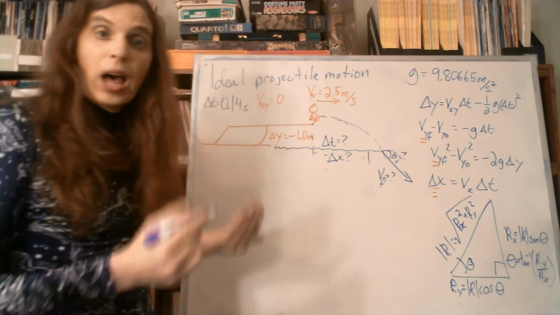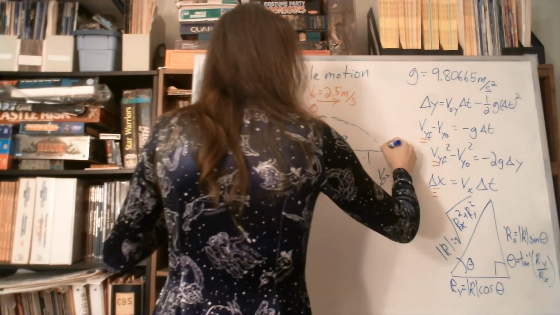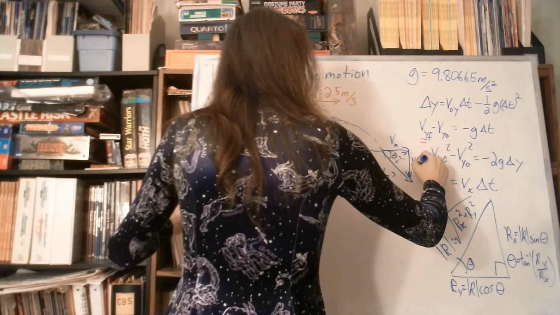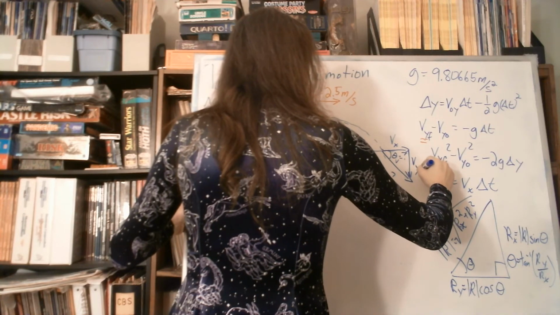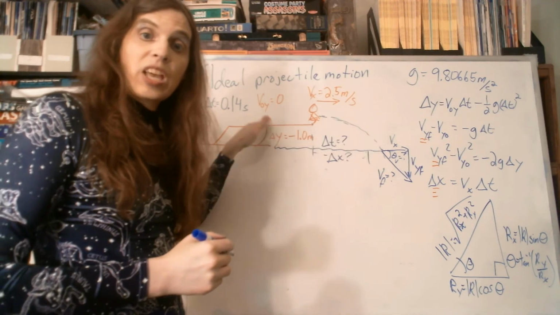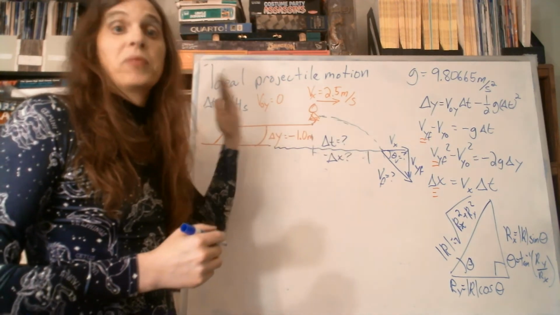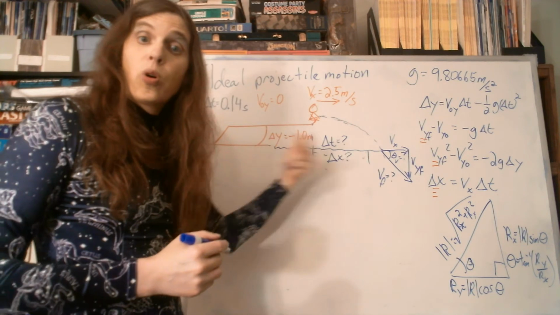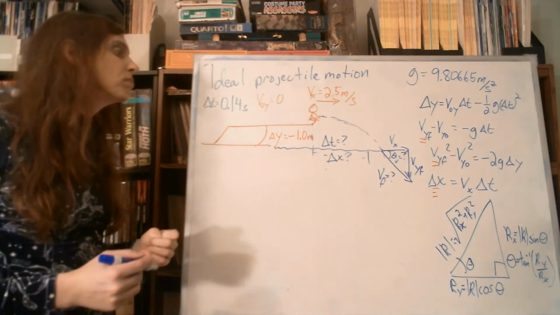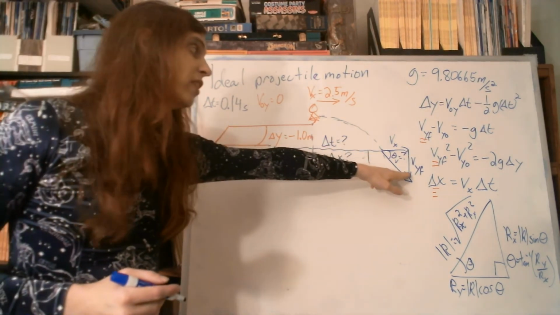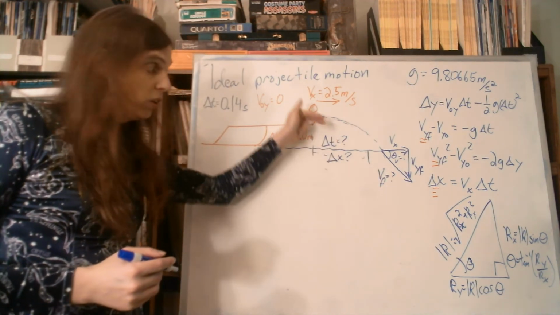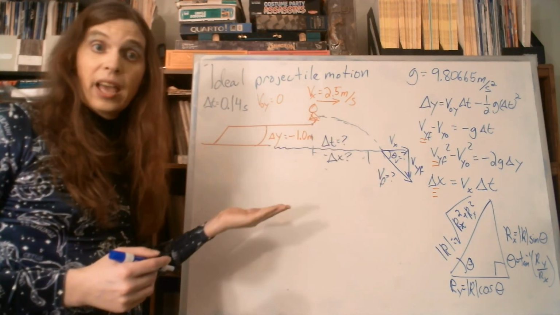We can find the y component of our final velocity. We know that the x component of our final velocity is the same as the x component of our original velocity. It doesn't change because there's no horizontal acceleration for an ideal projectile. So we will find that component and then use trig to find the overall final speed and the angle.